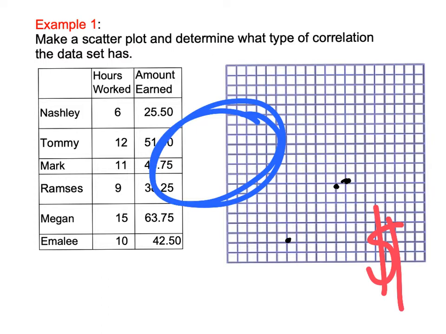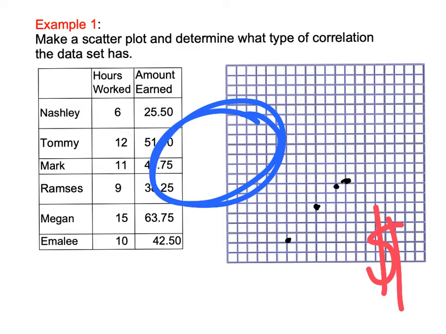And 9 and about 38. And I did that in the wrong spot. And then 15 and 64-ish. Up here, I did that in the wrong spot too.